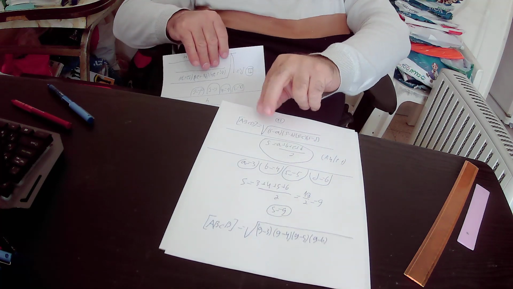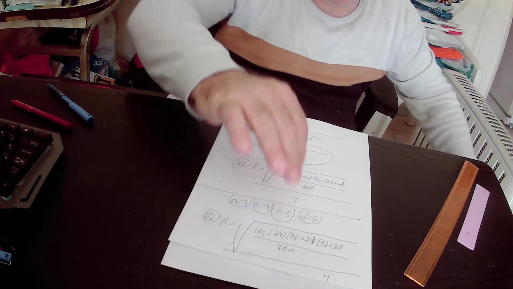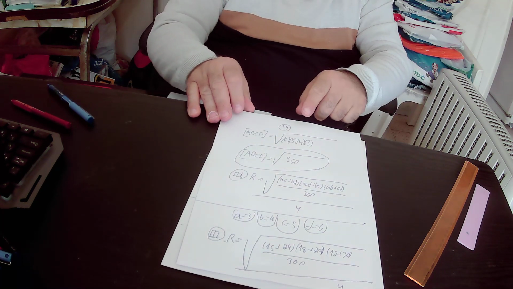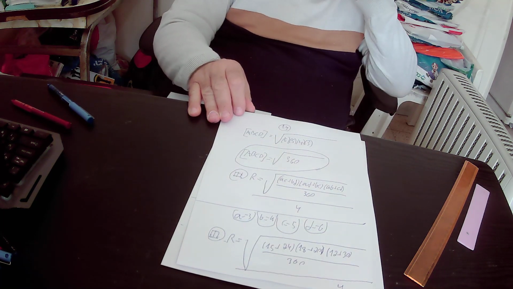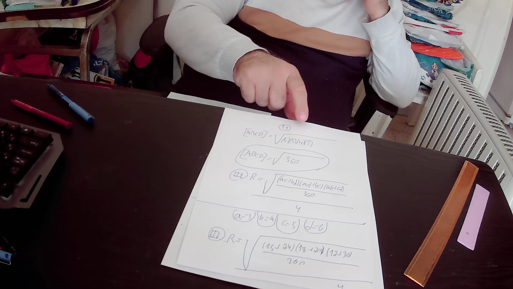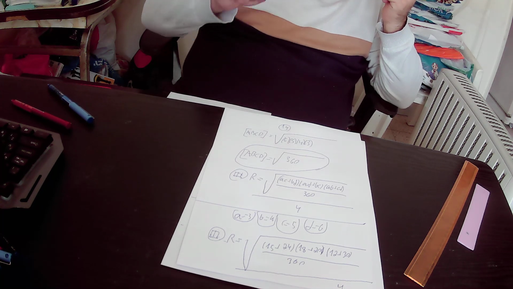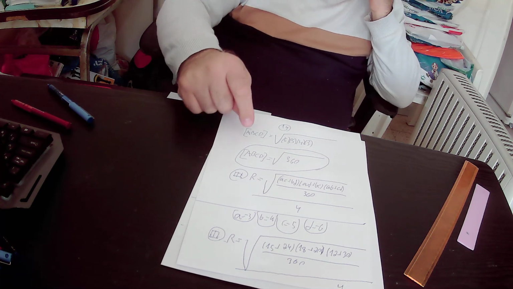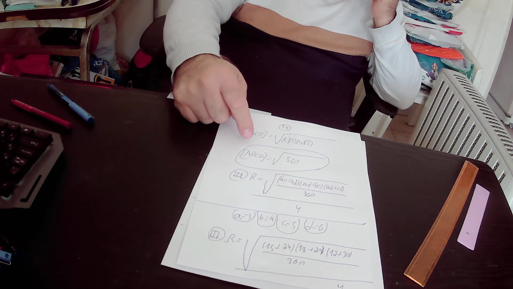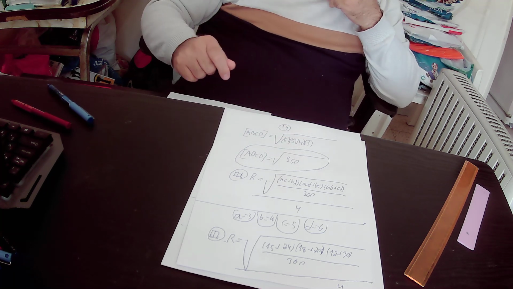So the area of quadrilateral ABCD equals the root of 6 times 5 times 4 times 3. 6 times 5 is 30, 30 times 4 is 120, and 120 times 3 is 360. So the area of quadrilateral ABCD equals the root of 360 square units.